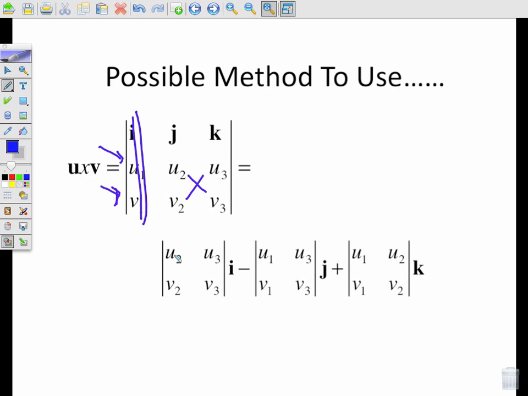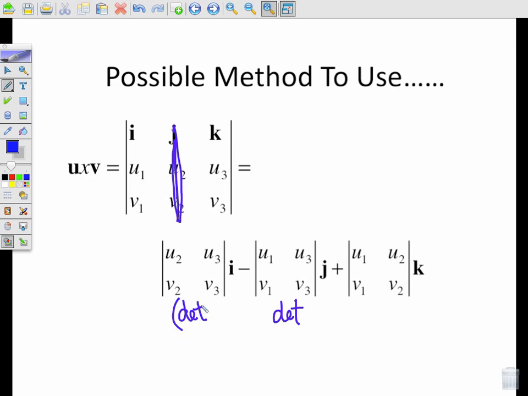So you do u2, u3, v2, v3, and take the determinant of that. Then for the second component, the j component, you ignore the j's, you take those out, and you create a 2 by 2 matrix of the ones that are left over, u1, u3, v1, v3, and then you find its determinant.